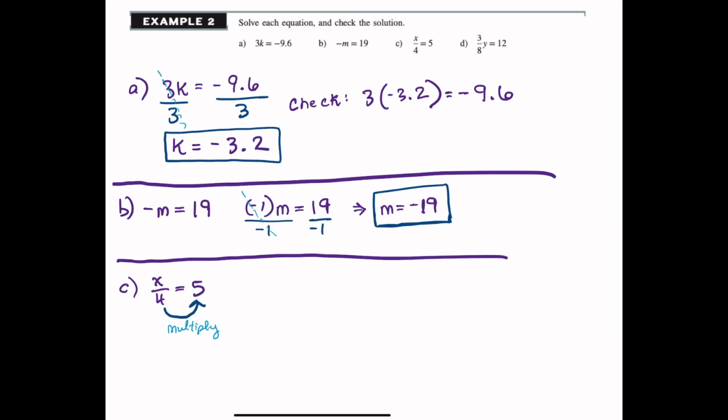So we'll multiply both sides by 4. Can write it out like this. On the left side, these will cancel because that's like a 4 over 1. And on the right side, 5 times 4 will equal 20. So we'll say x equals 20.